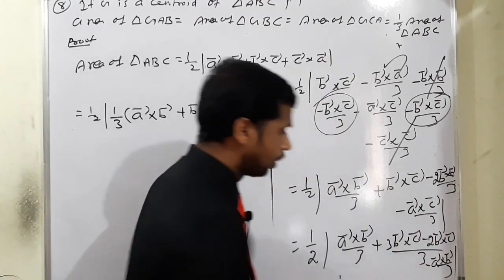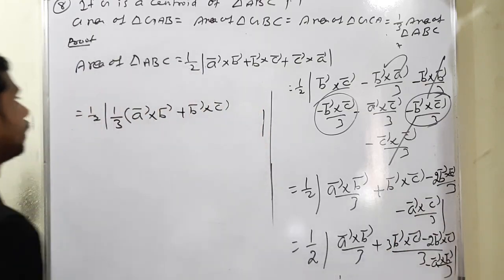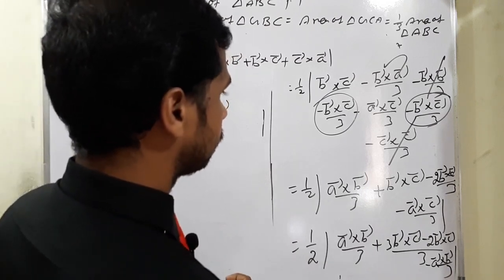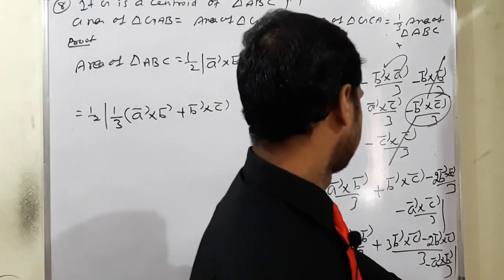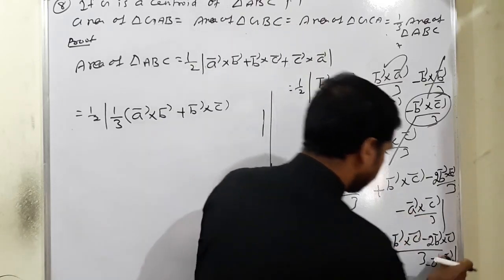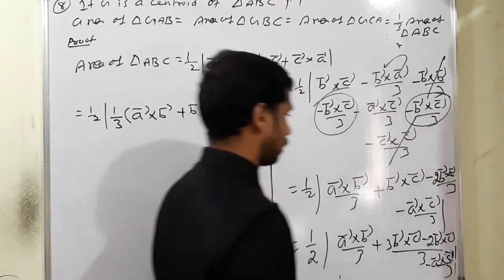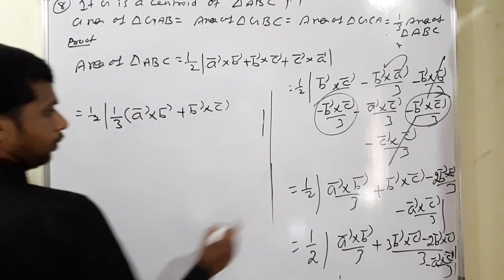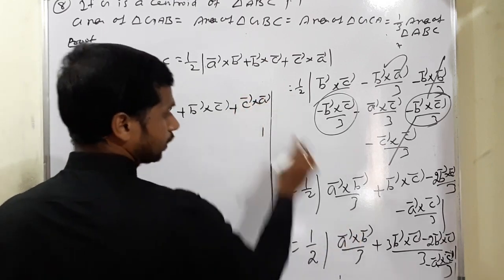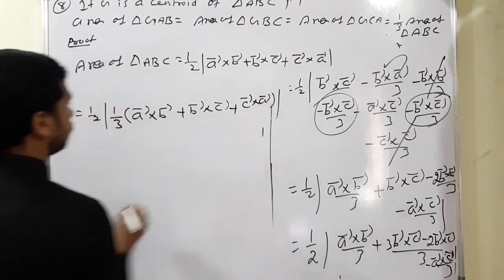Remaining last term also minus sign is there. To convert for positive sign we can write it B vector cross A vector, isn't it? Sorry my dear, minus A vector cross C vector, isn't it? So to convert for positive we can write it C vector cross A vector, because divided by 3 we have taken common outside.